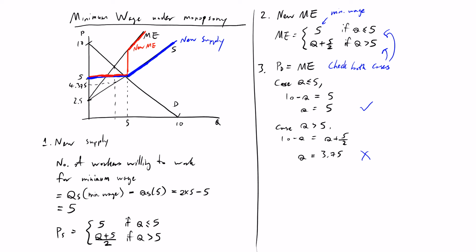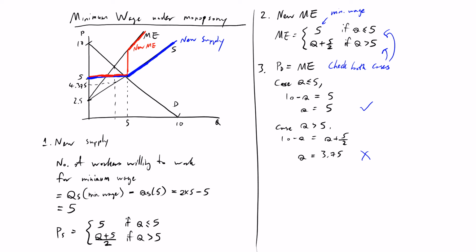But if you have Q bigger than 5, so this part now, you see that for this red line to intersect with the demand curve, it actually has to be here, which is below 5, which would be a contradiction. We have assumed that it's bigger than 5. So you have to check both cases. You should be able to reject at least one.